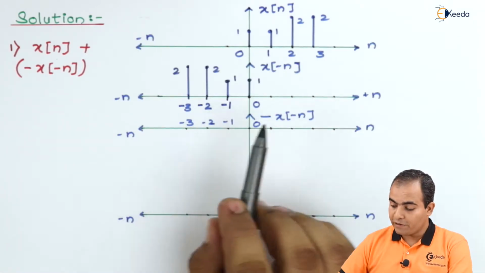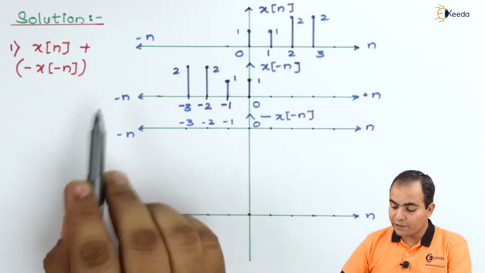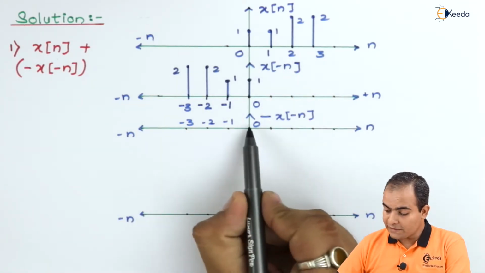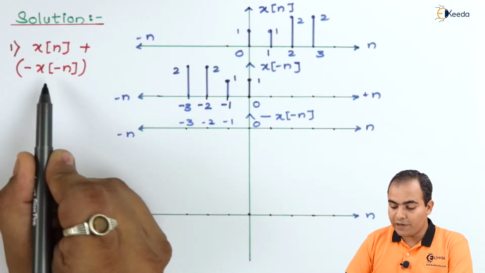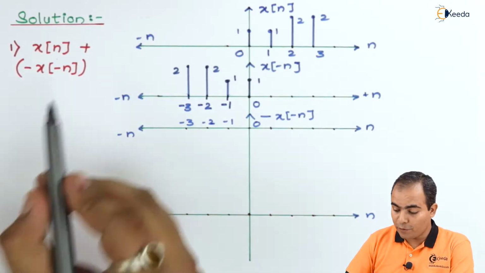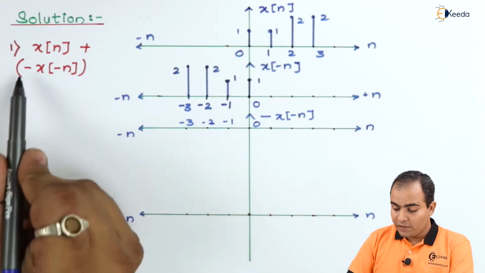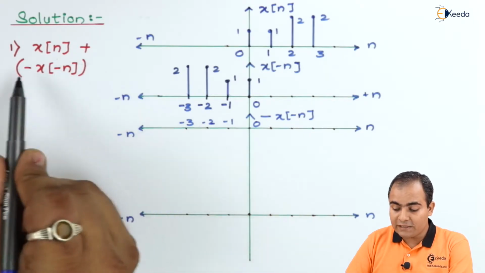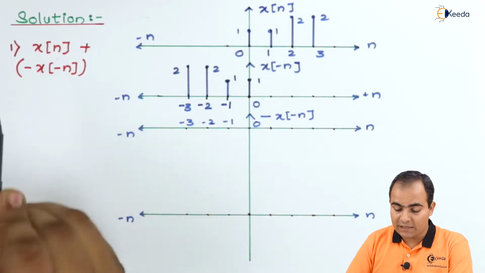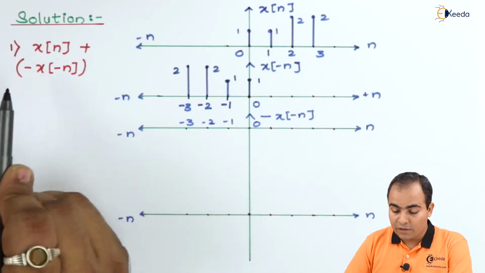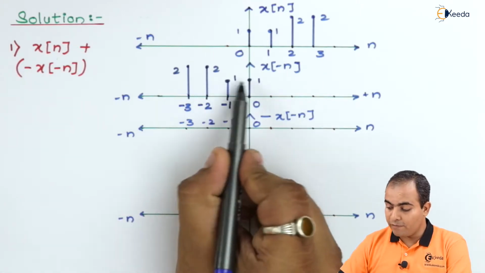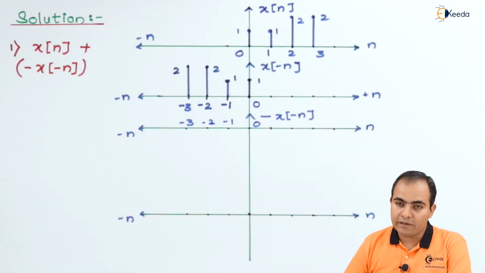Now look here, all the samples are now shifted to the left hand side. What is the next step? We are going to apply the amplitude scaling property on x of minus n. Now here x of minus n is multiplied with minus 1, as I discussed earlier. It means all the amplitudes are now multiplied by minus 1.